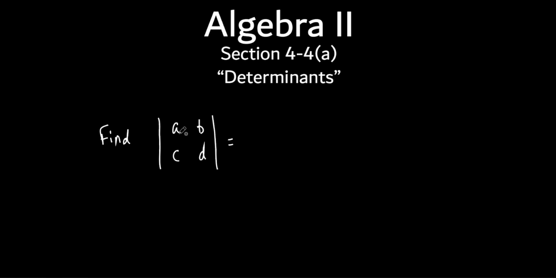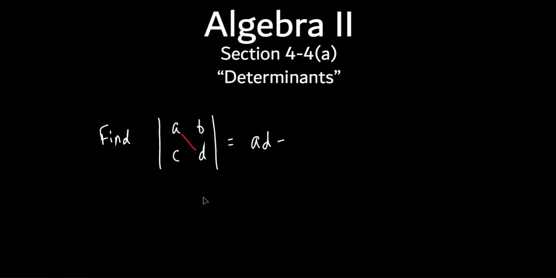So everybody watch. We start up here at the top left, and we multiply this way. Everybody got that? So what would that be if I multiply those together? AD, very good. And then we subtract. We put a minus sign there, okay?